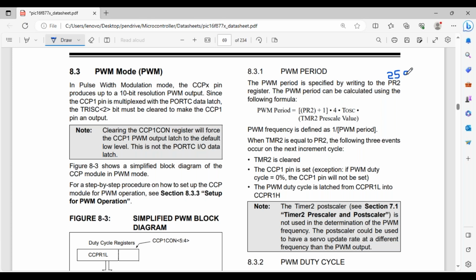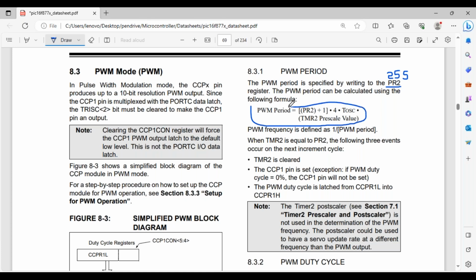Now, whatever period I want to specify, I have to write it into the PR2 register. So, according to our knowledge, we can have PR2 written with a maximum of 255. That doesn't mean the period you are supposed to write should remain below 255. For whatever period you want generated, here is a formula.